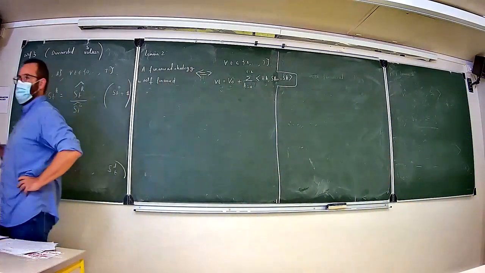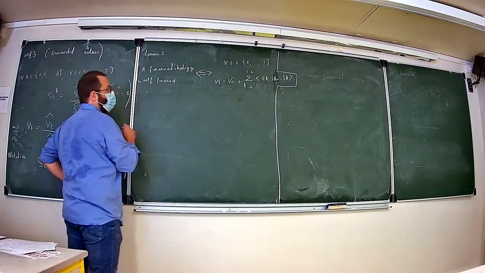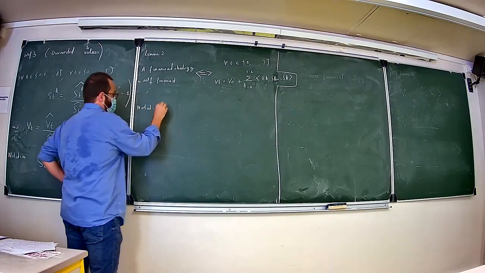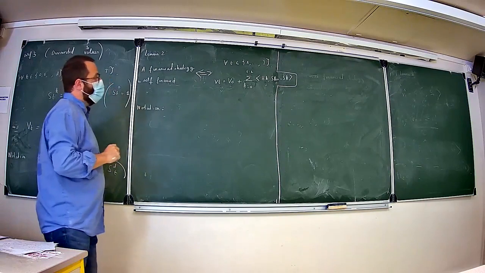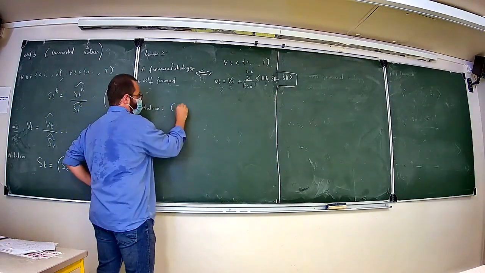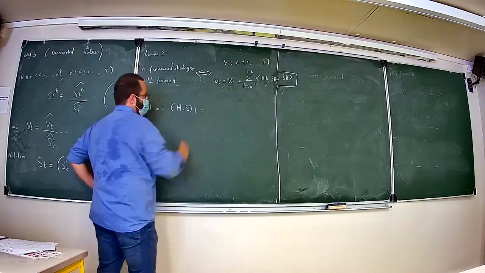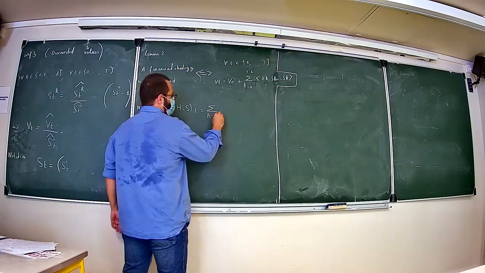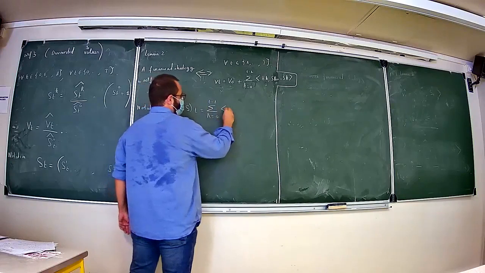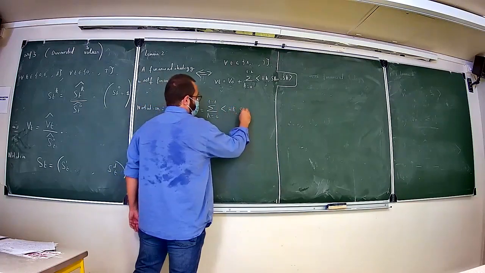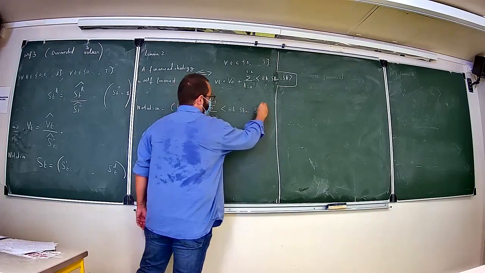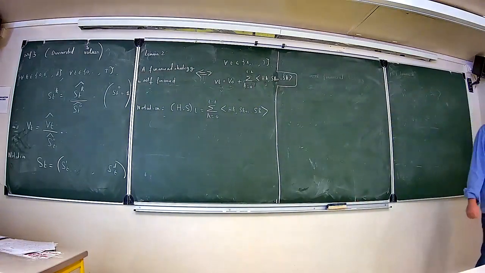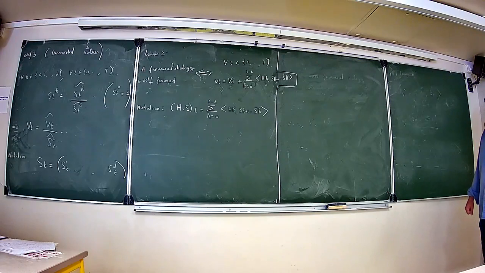Just a remark and a little notation. From now on, I will define HST as this term here: the sum from k equal to 0 to t minus 1 of hk (sk plus 1 minus sk). Why do I introduce this notation?